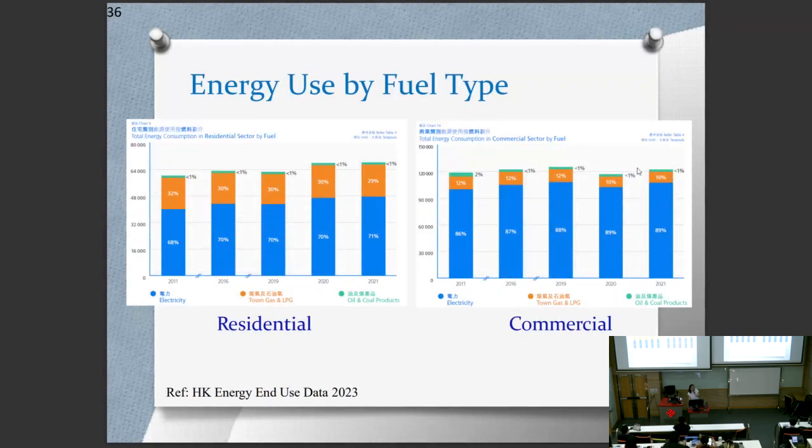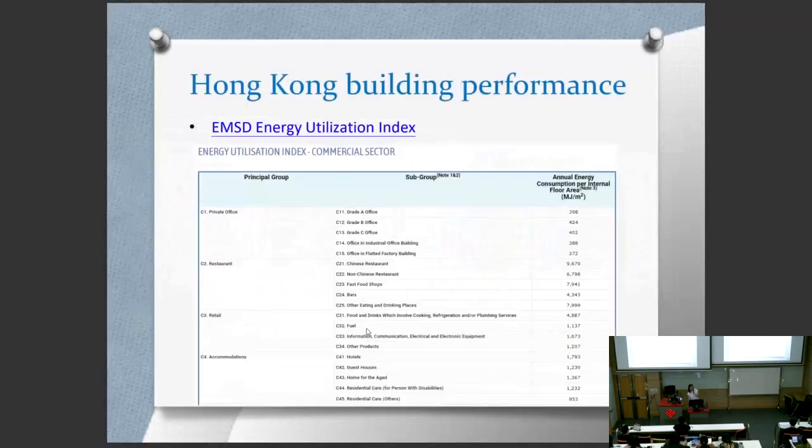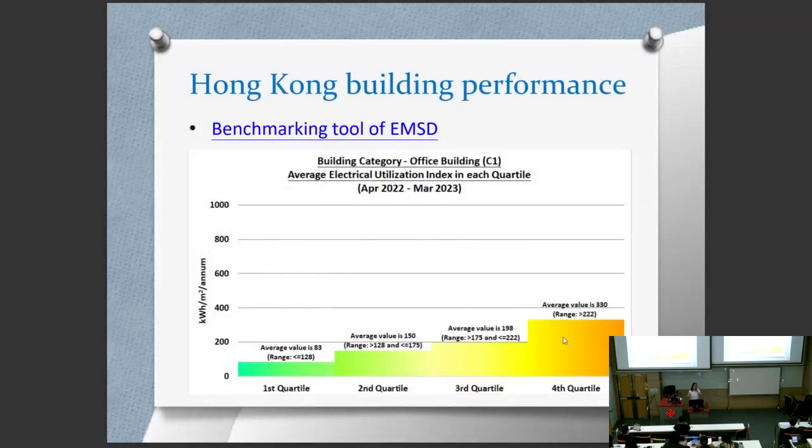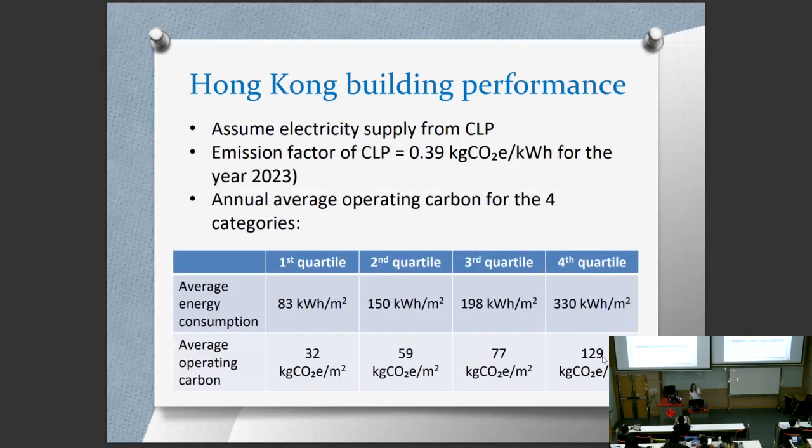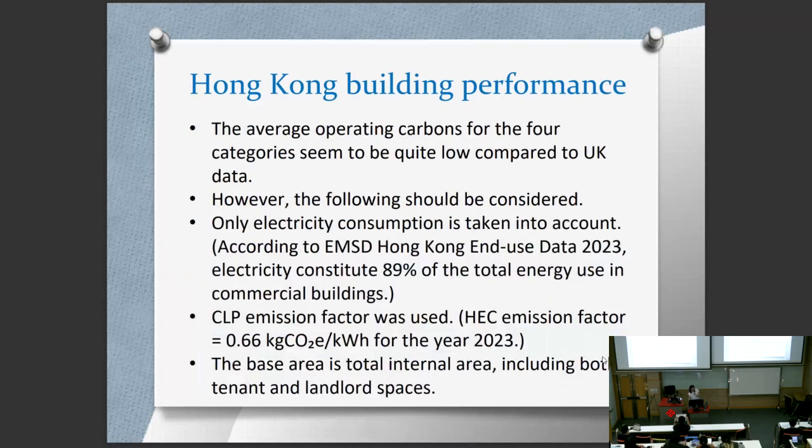But it also consumes other kinds of energy, like town gas, oil, and coal products. Okay, so this benchmark only considers 89% of the energy consumption, and therefore this will be lower than the actual value.